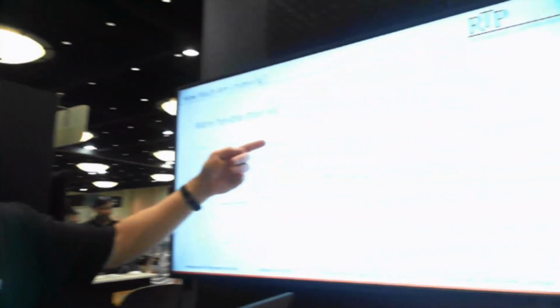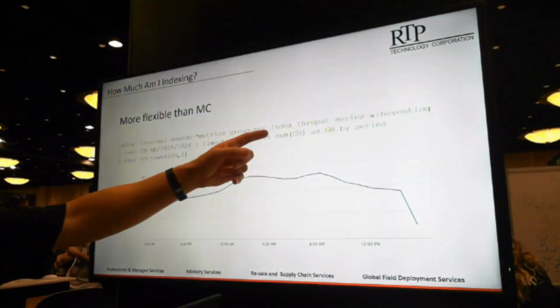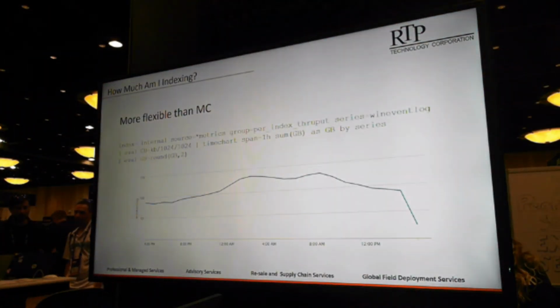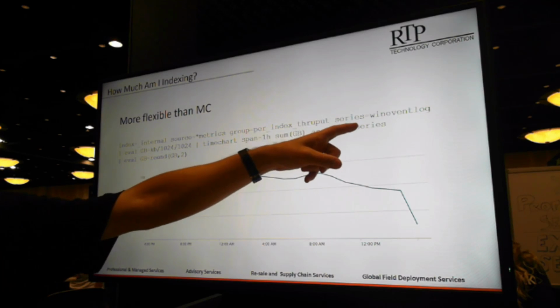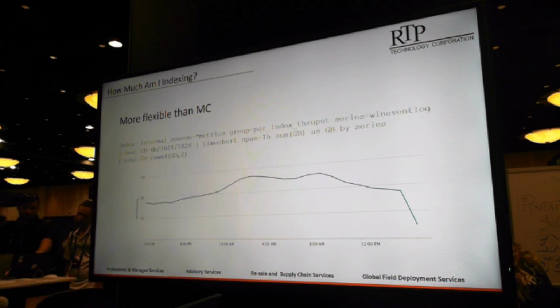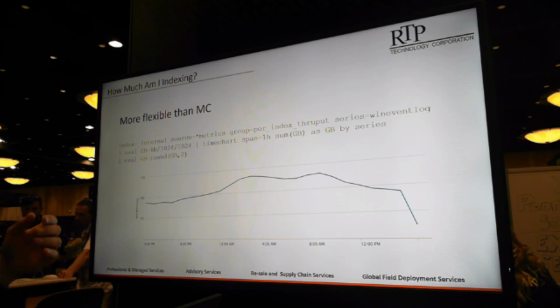So in this query, we're looking at the metrics source. The group is per index throughput. That's data that's being pushed through the indexers. The series keyword is essentially the index you're writing to. And we could add source type if we wanted to.